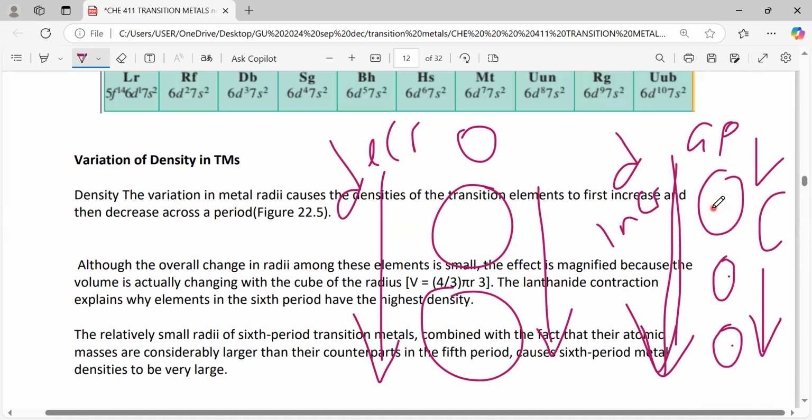This is period 4, 5, and 6. So the period 6 is heavier but smaller. So it means I'll pack many of this in a smaller area, but fewer of this in a bigger area. So the density will become higher for the lower ones. Those are in period 6, and that is what the whole of this sentence is talking about.